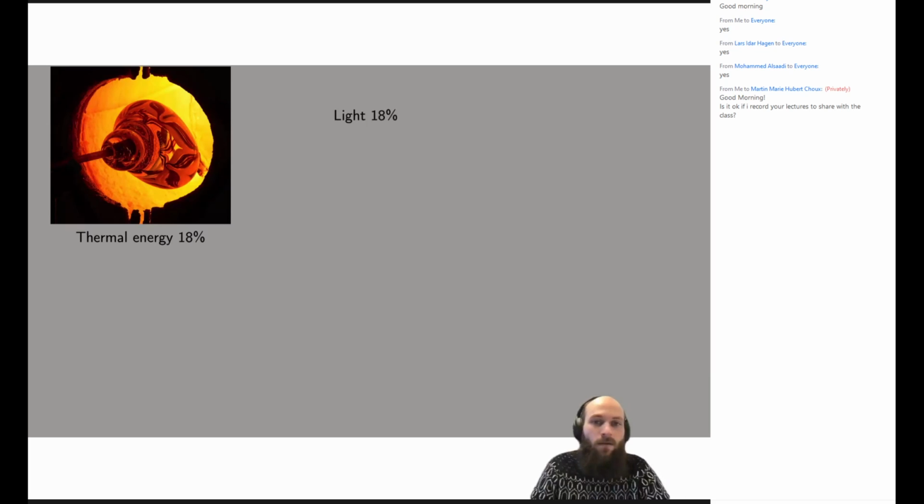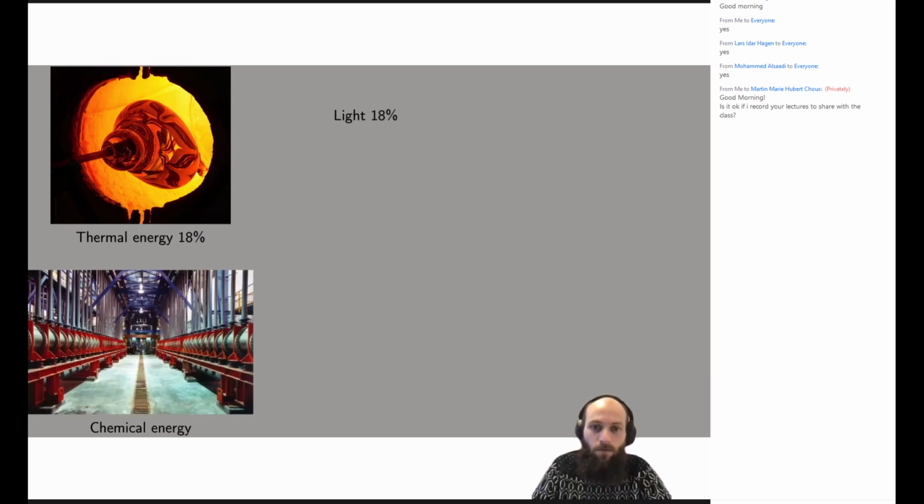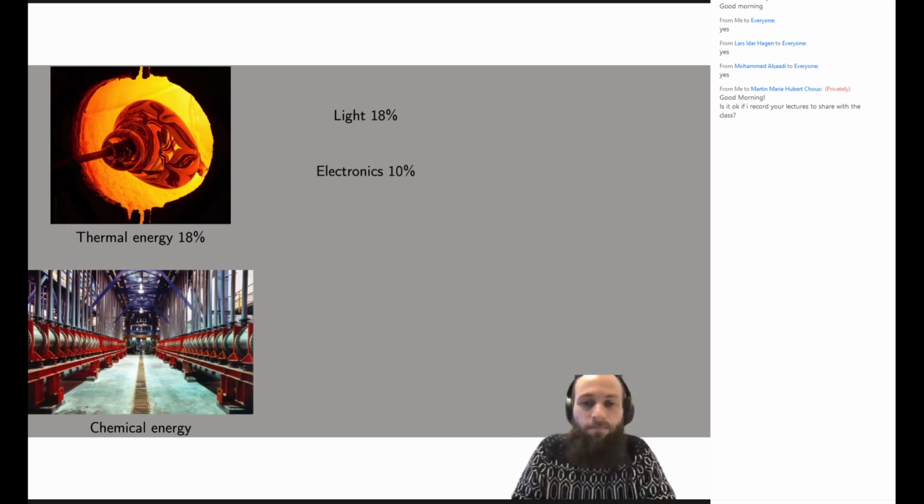Second one is light to have light in every building and houses. So this is 18% of all electricity that is produced. Another one is chemical energy, for example, electrolytes. And then we also have electronics.